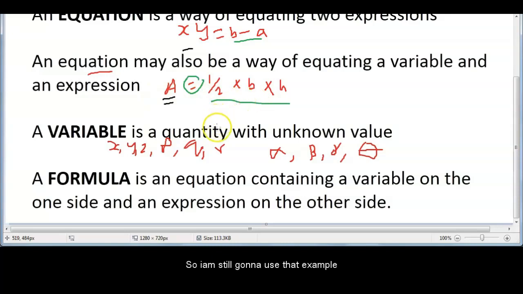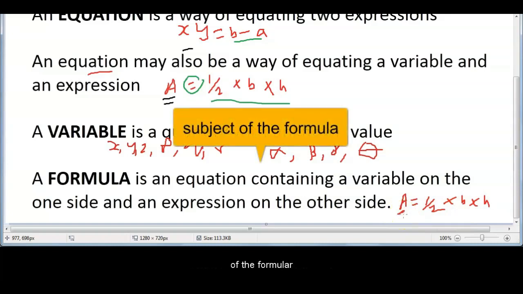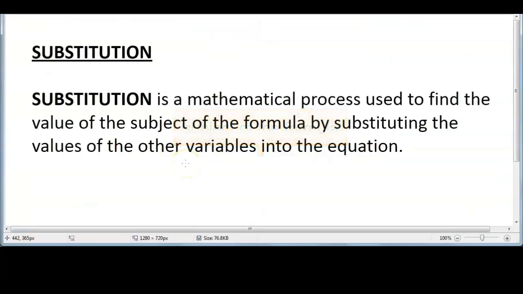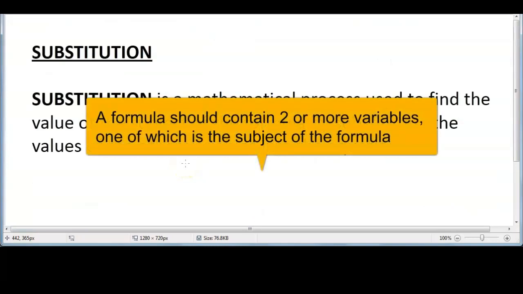So I'm still going to use that example: a is equals to half times b times h, where a is the variable on one side of the equation and is also known as the subject of the formula. A formula should contain two or more variables, one of which is the subject of the formula.